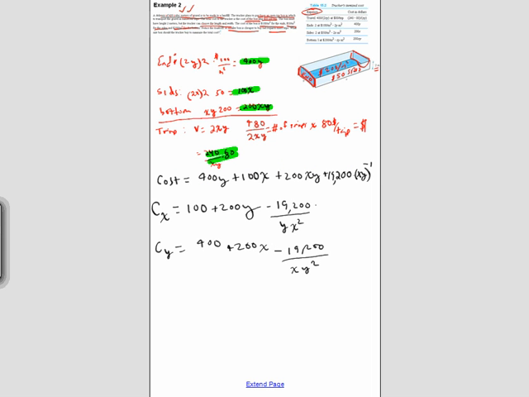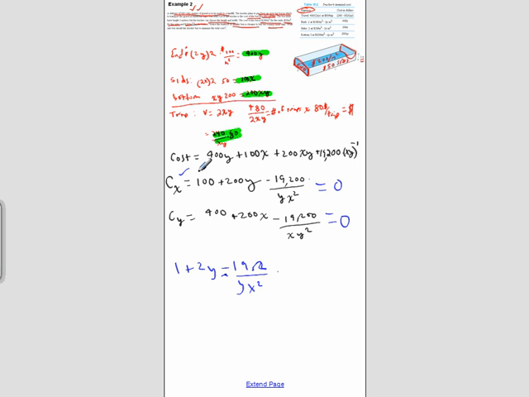Okay, well now we're just going to get into some algebra. So first things first, this is going to be a local min when these equal 0. And what I can do is divide each of these terms by 100. So we get 1 plus 2y minus 19.2 over yx squared equals 0.